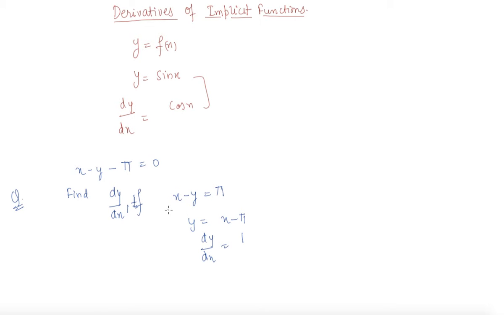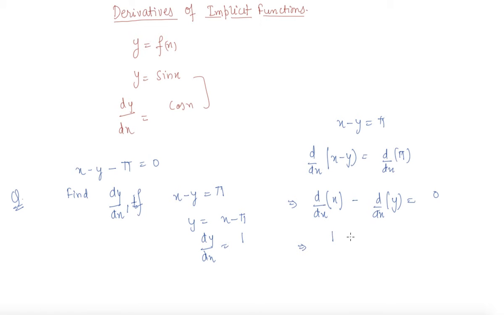Alternatively students, as we are given x minus y equal to pi, if I simply apply the derivative on both sides, then by using the u minus v rule, d by dx of pi is 0, hope you all know that. d by dx of x is 1, and dy by dx, which we need to find out, equals 0.